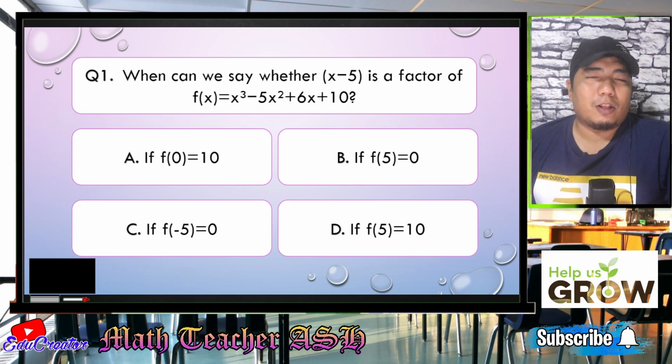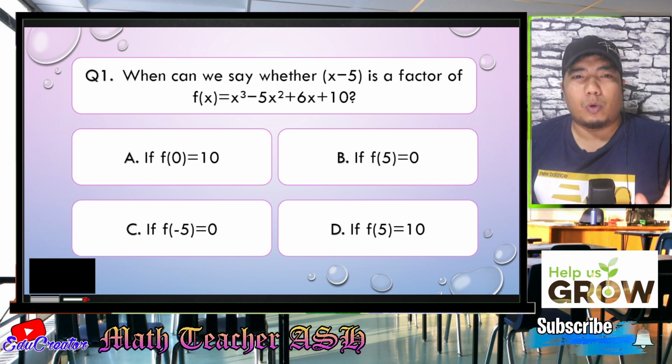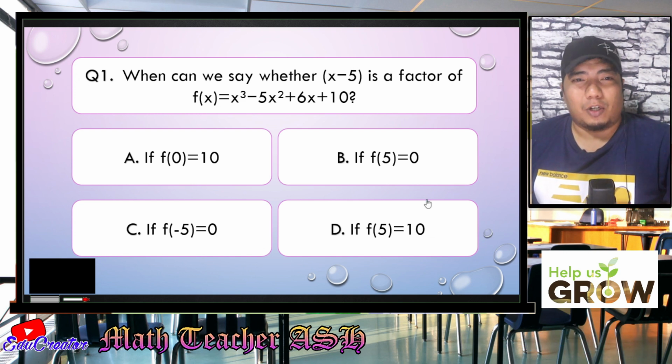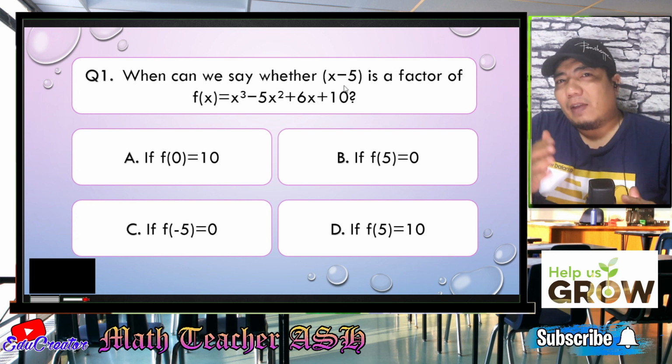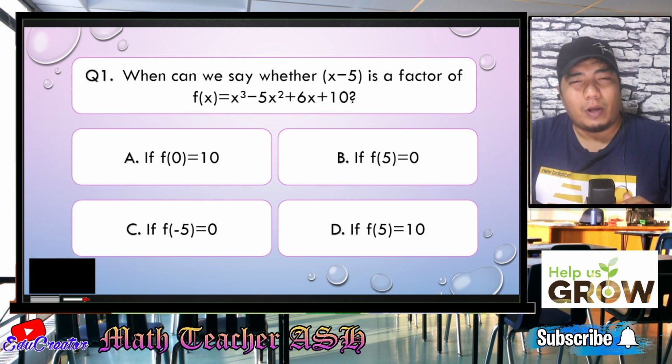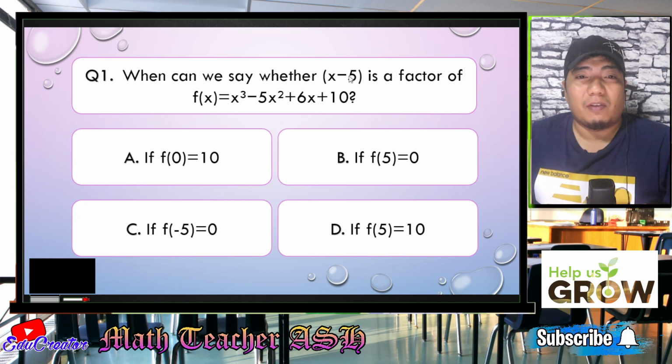Alright, my dear math learners, in order to answer this question, first we need to know the value of the factor. Since we are given the quantity x minus 5, if we equate it to 0 and solve for the value of x, the value of x would become positive 5 because we will transpose this negative 5 to the other side, giving us 0 plus 5.